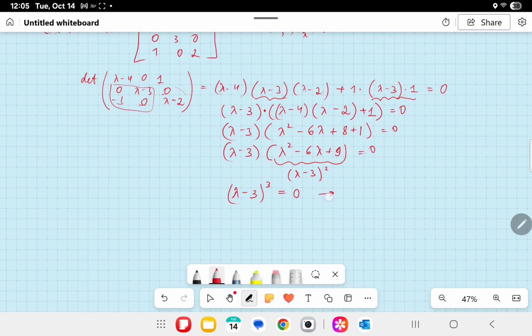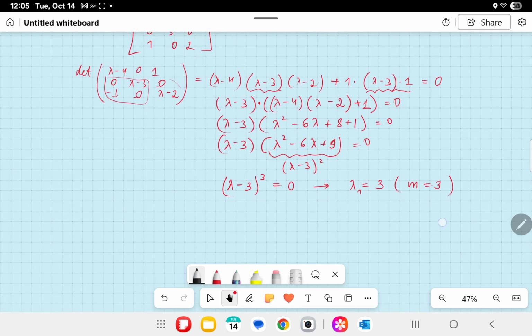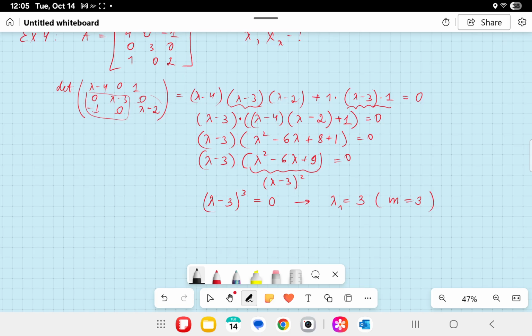Which is going to give me only one lambda solution, lambda 1, which is equal to 3. And the multiplicity of this solution is also 3. Give me a second, this 3 doesn't look very nice. Okay, now we just need to plug in this lambda and solve the actual equation. Maybe I should start doing it over here.